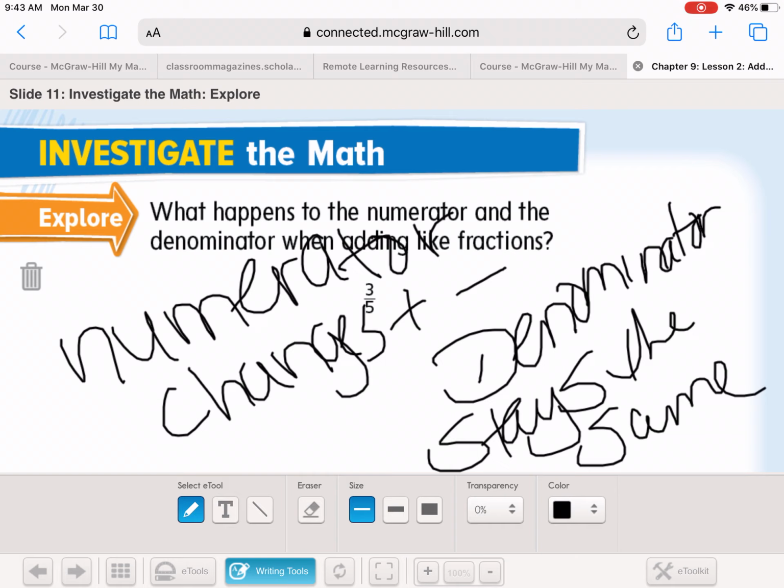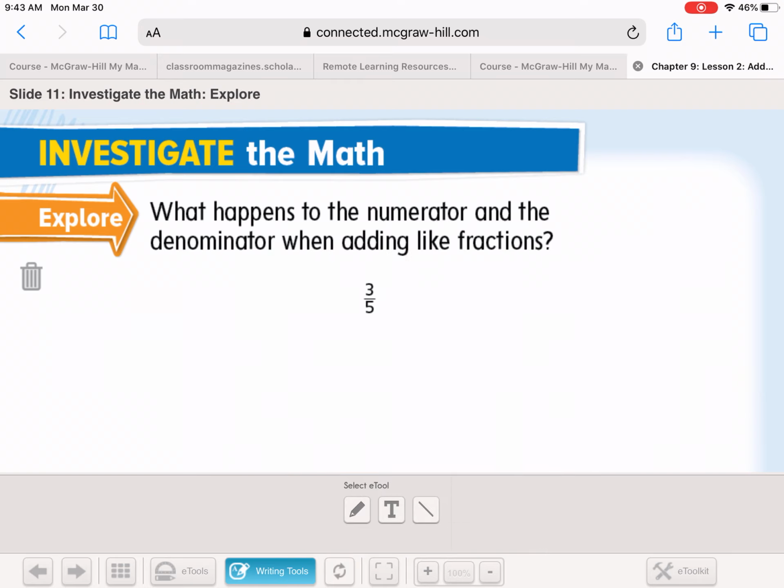They don't change. The thirds, it still was cut into thirds. You can't add it up and find sixths. Just like with 3/5, if you add 3/5, it becomes 6/5, not 6/10. Okay, you never add your denominators. Never, ever, ever add your denominators.